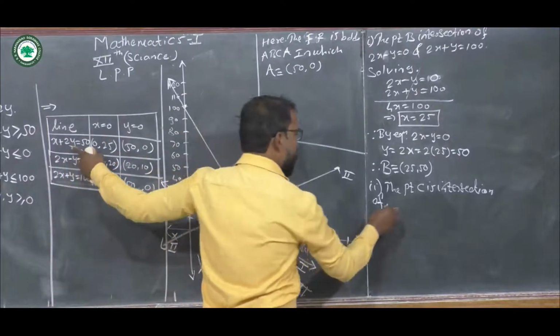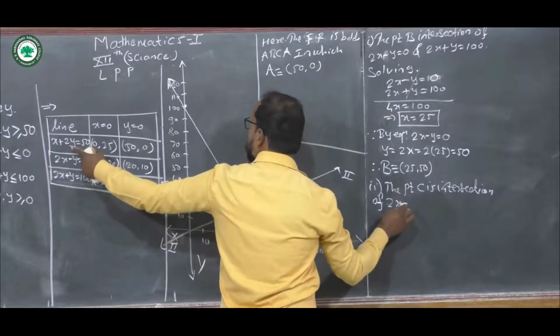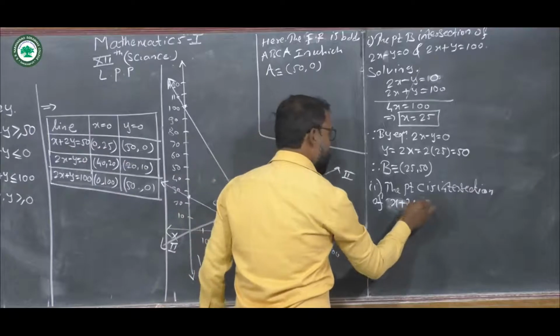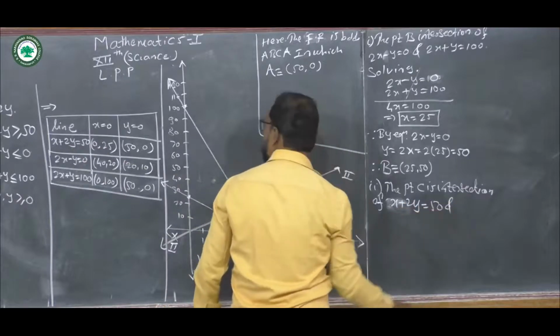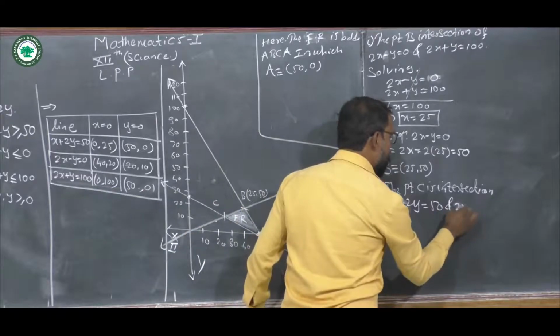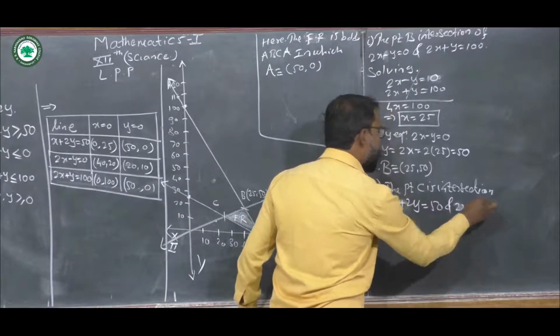So the first line is x plus 2y equals to 50, and the next one is 2x minus y equals to 0.